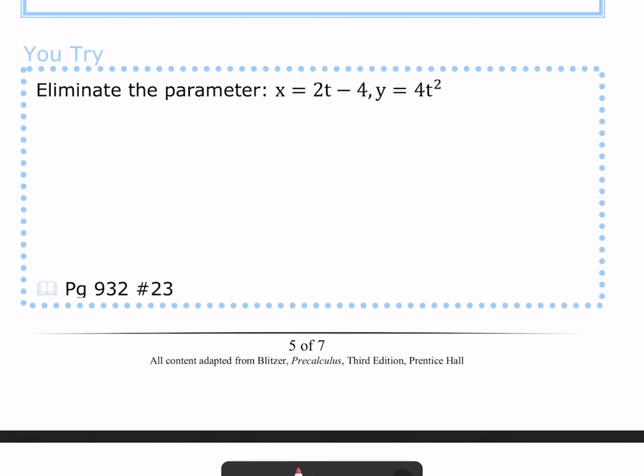Another instance of parameter elimination. Let's try this one. I really like when I can end up with a y = equation. Sometimes that's not convenient, but here it is going to work. Let's take the x = equation and solve it for t. Add 4 to both sides. Divide both sides by 2.